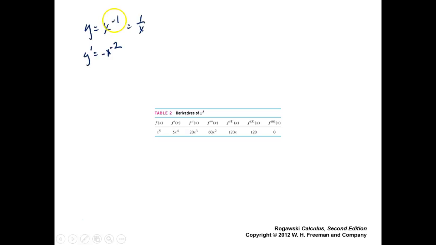So it's minus 1, which would be minus 2. Y double prime would then be minus 2 times minus 1, which is positive 2, x to the minus 3. You drop the exponent by 1. Y triple prime would be minus 6, x to the minus 4.